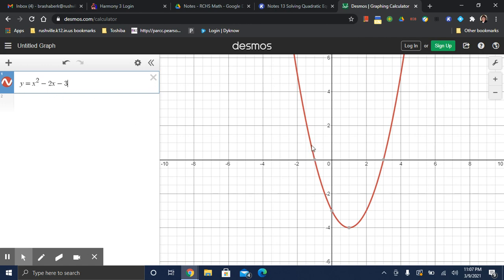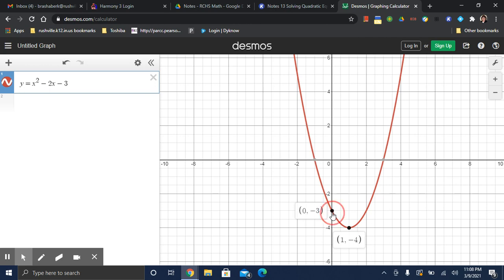And if you need to know the vertex, you can click on that point. As long as you have a good view of the parabola where you can see where it makes that either lowest value or highest value, you should be able to click on the vertex and the various other points that we're going to be asking for.